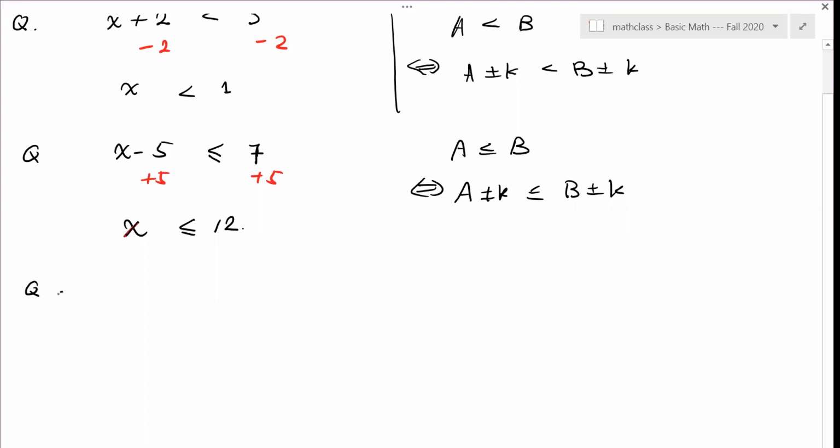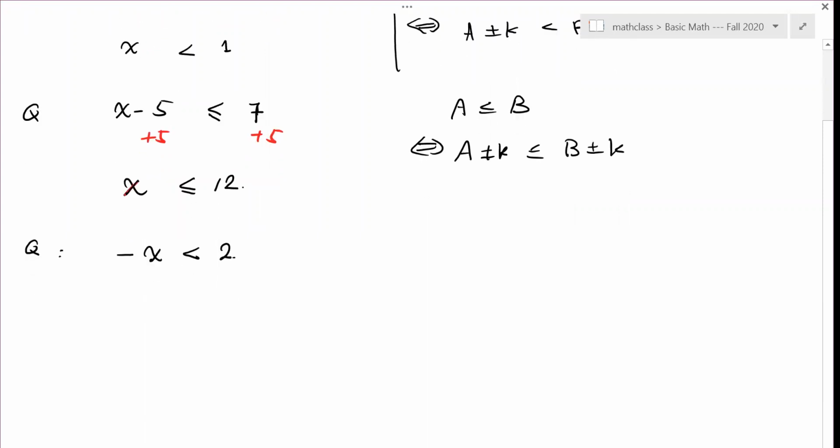Now let's take a look at this one, negative x less than 2, okay? Negative x less than 2. So be careful here. What kind of x will satisfy this inequality? So this time we're going to multiply by -1 on both sides.